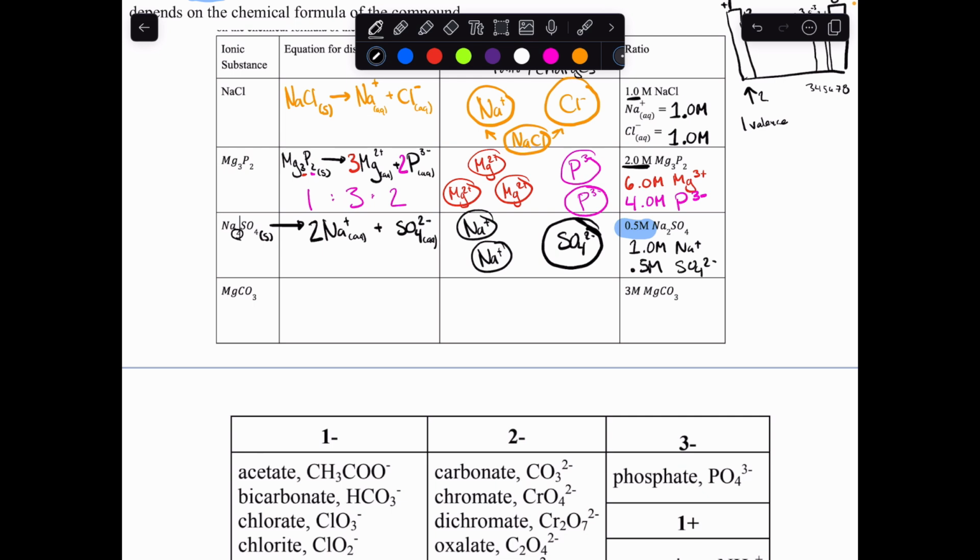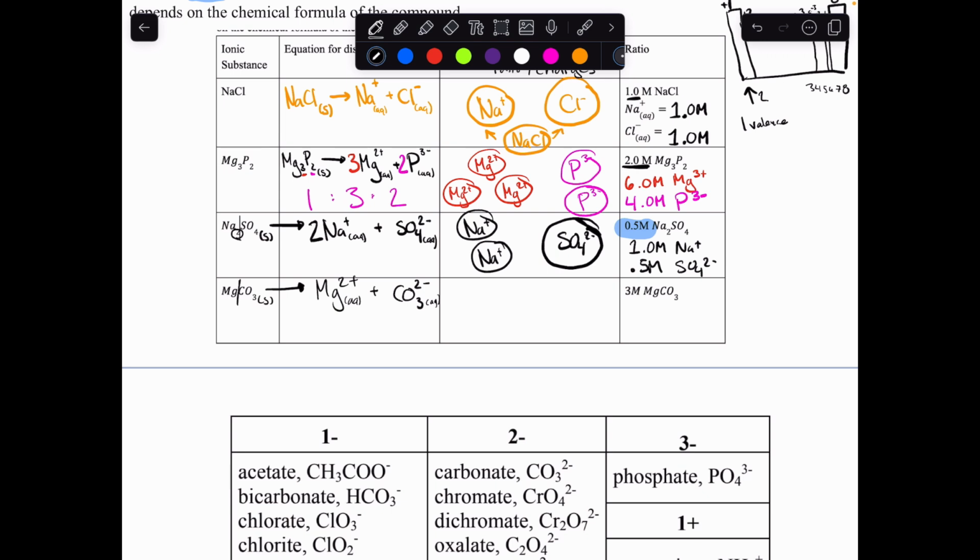All right, let's do one more together, and then I'll have you try some for some smiley faces. Okay, so our last one here is MgCO3. To show how it's going to dissolve, you separate the metals from the non-metals. Magnesium is the metal, so we have Mg2+, which means we've got another polyatomic here, which is CO3, and it has a 2- charge, (aq).